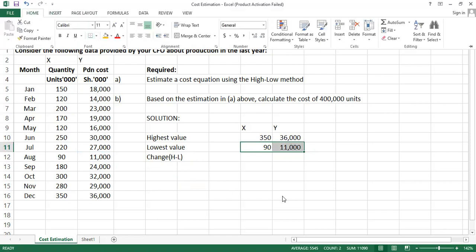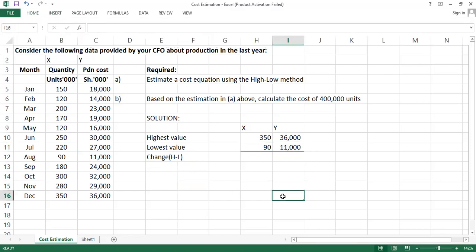So that change shall be for X, 350 minus the 90, that's 260. And then for Y, we compute in the same manner. So change in X is 260. The change in Y, we have 25,000.